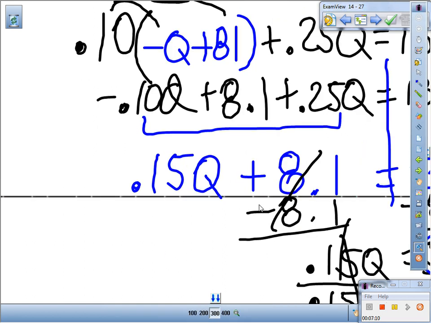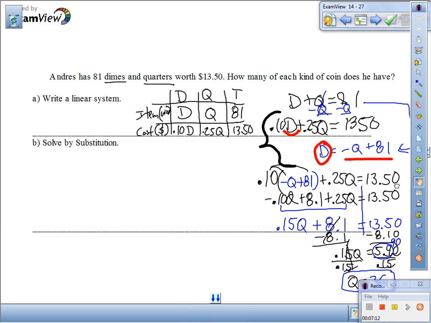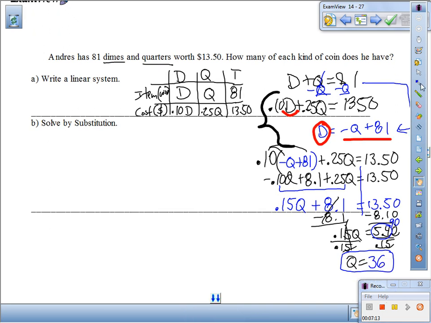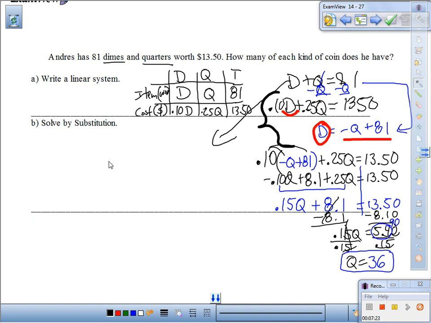Let me zoom out. All right. Which equation do you want to use? D plus Q equals 81? Okay. All right. So I'm going to bring this one down. D plus Q equals 81, but instead of Q, that's 36, equals 81, minus 36, minus 36.